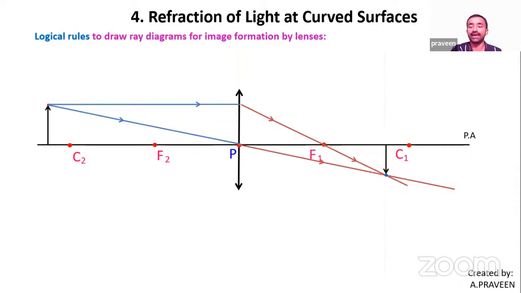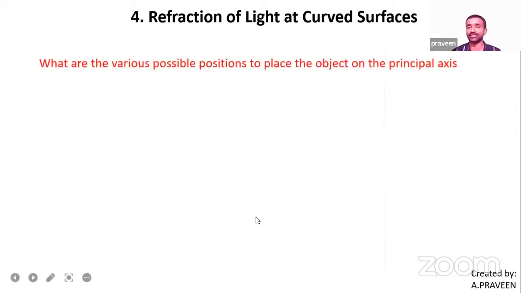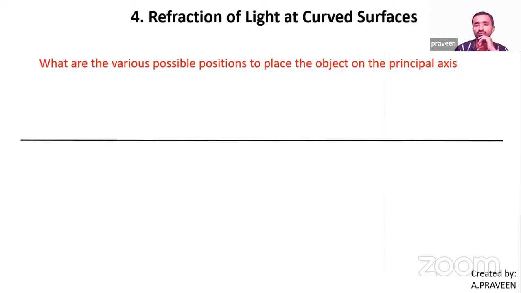So here we will go for the possible positions of the object, where you are able to place the object at various positions on the principal axis. Suppose you take a double convex lens, with the logical rules I mentioned. Are there any known places?